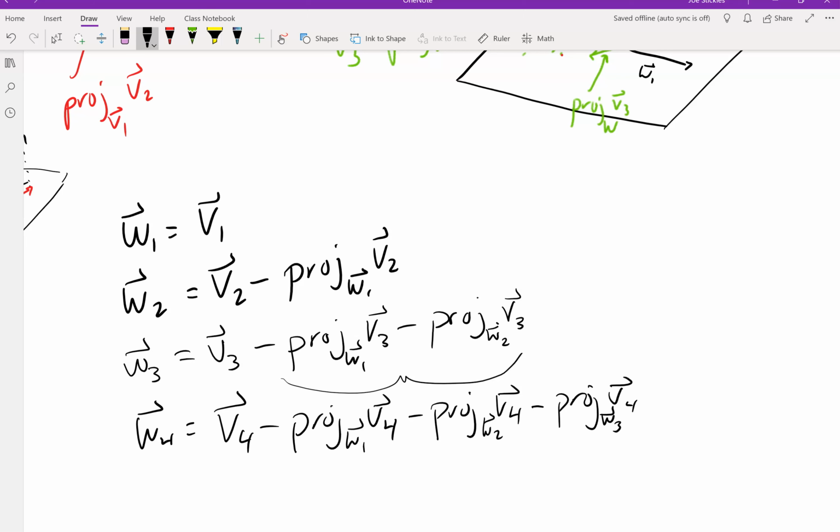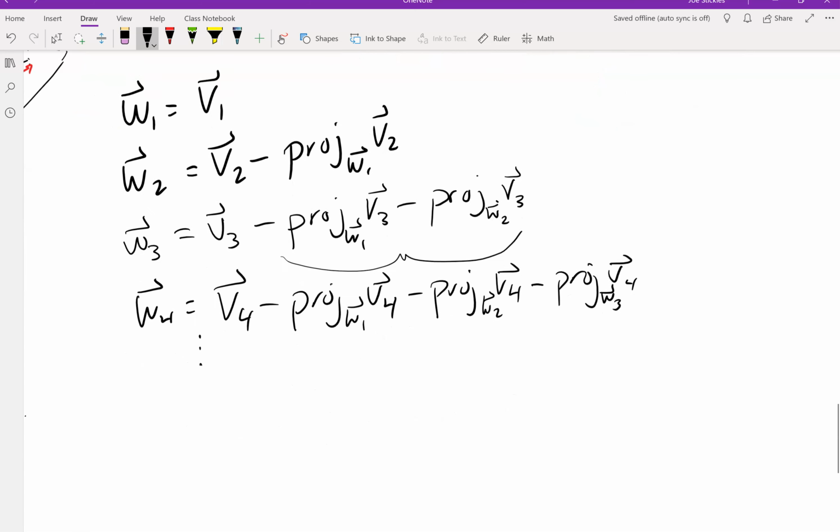That's how you find such things, and continue until you run out of vectors. That's the idea. We essentially went through that process in the previous example that I did on Wednesday. So let's see if we can find another one, the same idea, just using a little bit bigger numbers.